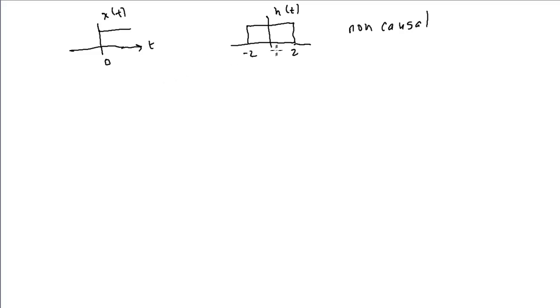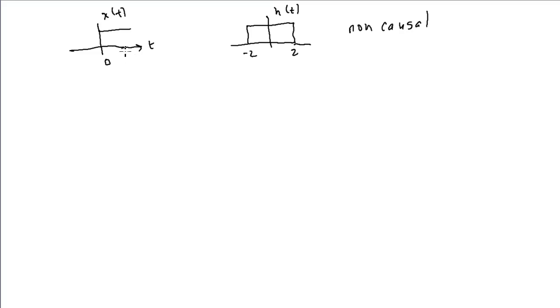If I shifted h of t here to make it causal, if I shifted it 2 seconds to the right, our output would actually shift 2 seconds to the right, and we'd have a causal system, and in that case the output would not start until t is equal to 0. Alternatively, I could look at x of t as being my impulse response.